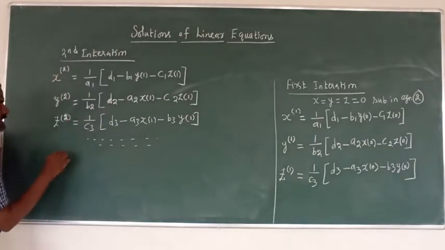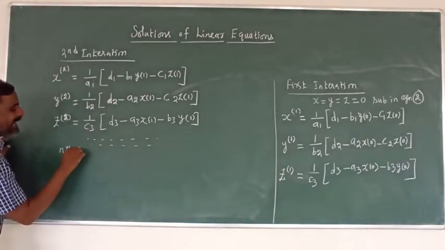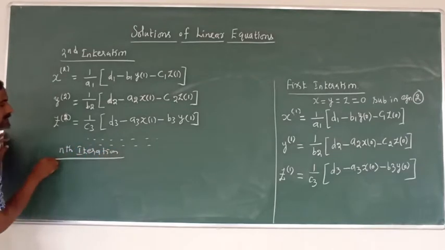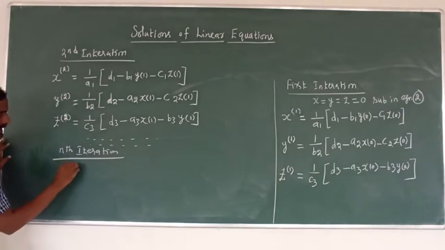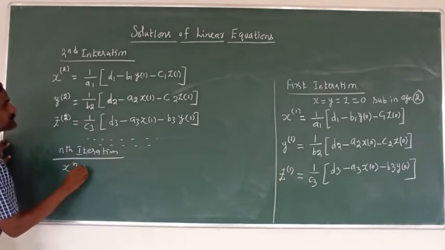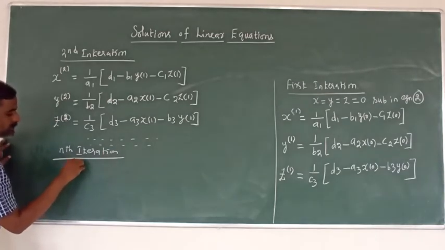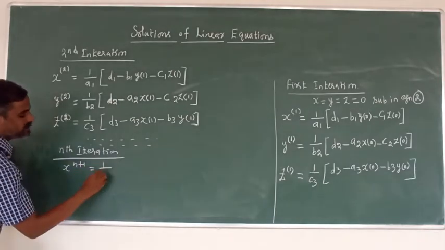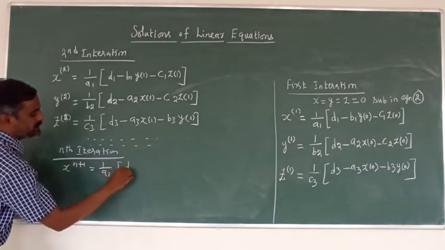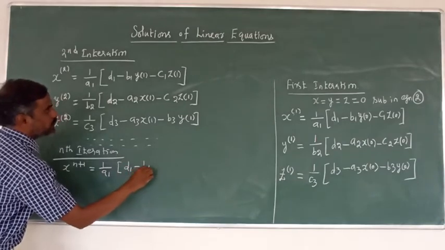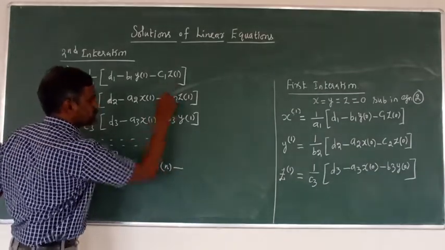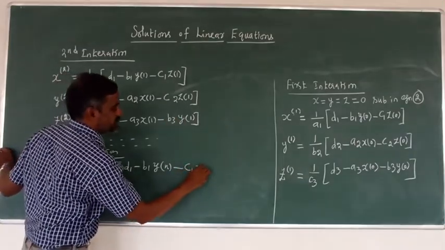This is for the second iteration, and now the nth iteration result. The (n+1)th iteration result: x(n+1) equals 1 divided by a1, within bracket d1 minus b1 yn minus c1 zn.